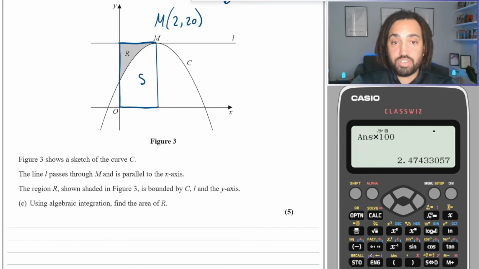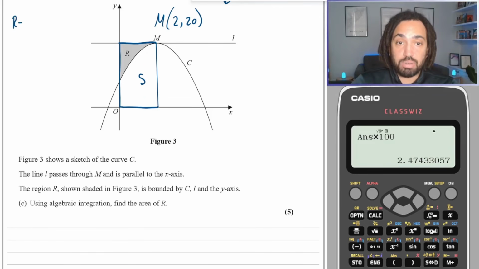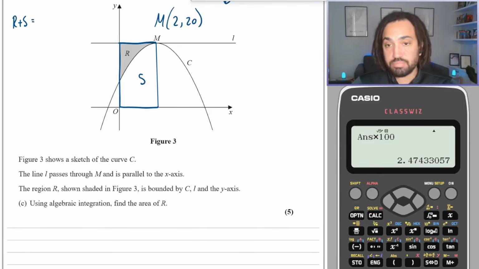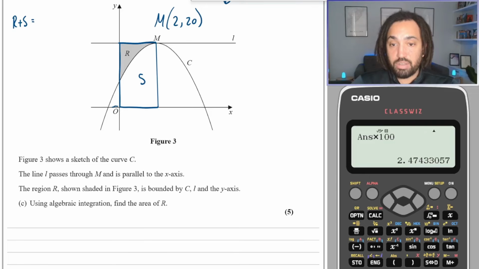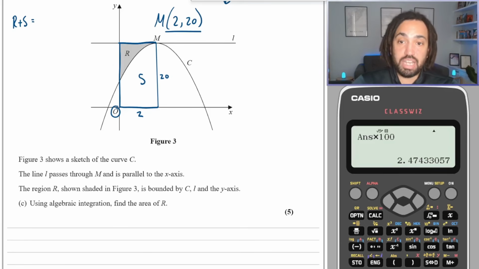So let's first find what R plus S is, the rectangle that I've just drawn. Well, I know this coordinate is (0, 0), and I know this coordinate is (2, 20). So the distance across is 2, and the distance going up is 20, so the area is 2 times 20, which is 40.